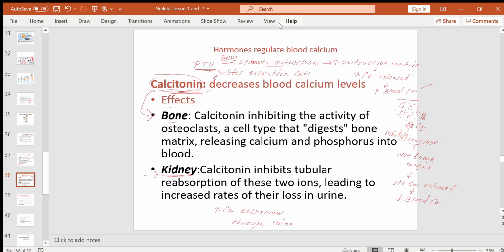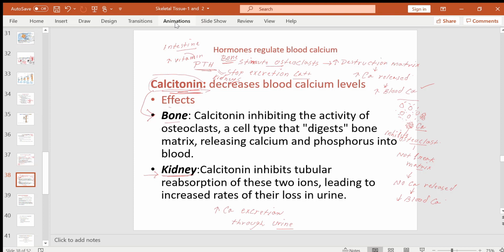Okay, now parathyroid hormone works on a third organ on which the calcitonin does not work. What is that? Intestine. It does what? Parathyroid hormone increases vitamin D production.